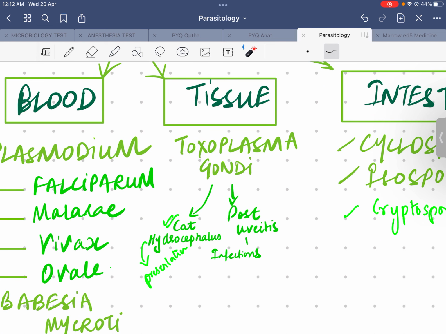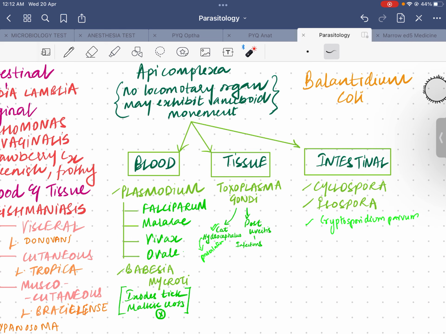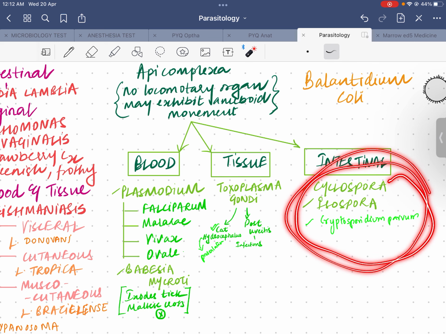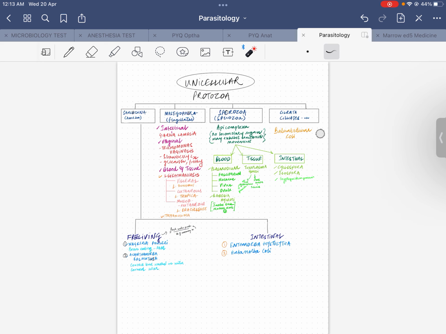It can be asymptomatic, but if it is symptomatic, it can have hydrocephalus as a presentation, especially in children, and it can cause posterior uveitis. It is one of the examples of diseases which cause posterior uveitis. Intestinal sporozoa are the acid-fast organisms, coccidians: Cyclospora, Isospora, Cryptosporidium, Cystoisospora. So this is about the protozoans.